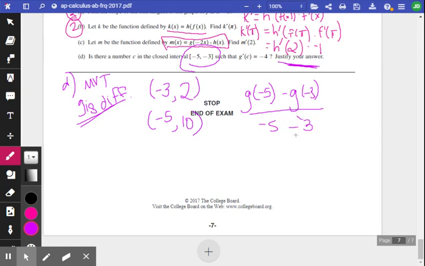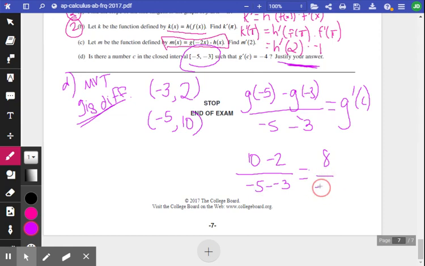This is the slope formula for g. So let's see, 10 minus 2 over -5 minus -3. If I'm using mean value theorem, this slope should give me the derivative of g at some point c. So what does this slope give me? I have 8 over -5 plus 3, so -2, -4. Yep. So this means that the slope between these two endpoints is -4.